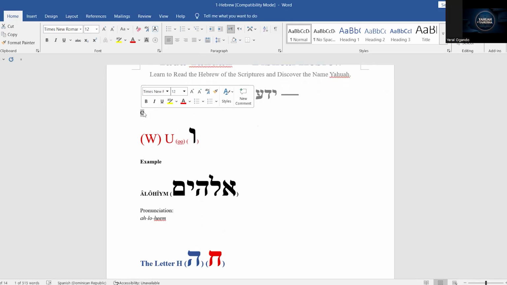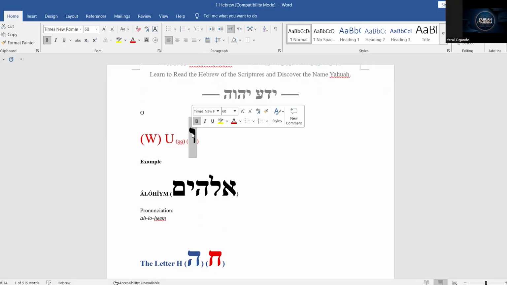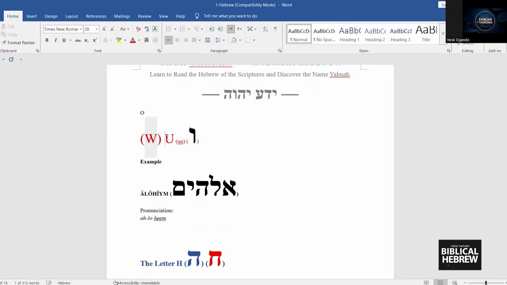So it's O, okay? So this letter represents the oo, or o sound.